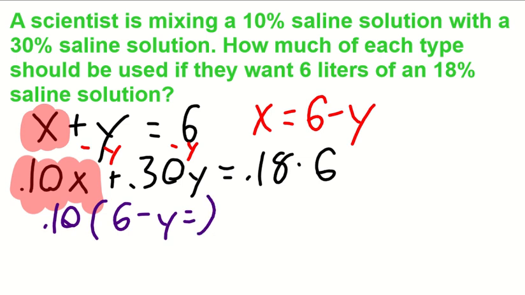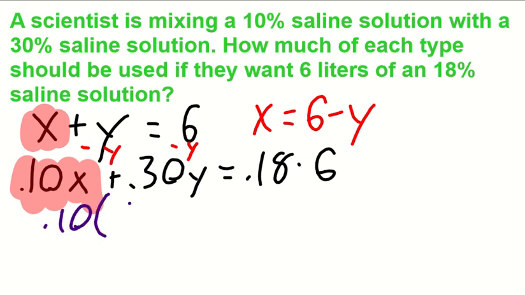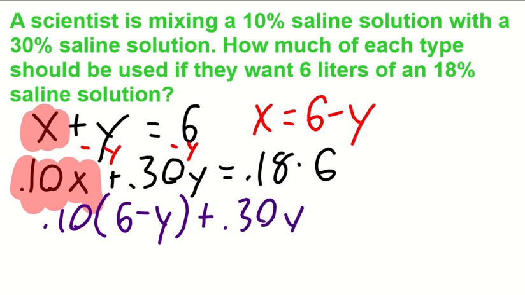I don't know why I put an equal sign. 0.10 times 6 minus y, plus 0.30y equals, I can go ahead and do the multiplication there, 0.18 times 6 is 1.08. And we're going to get a lot of decimals with these, okay?